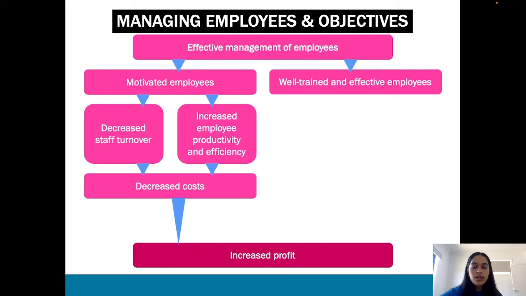All right. On the other hand, if employees are effectively managed, that means they're well trained and they're going to be a lot more effective in doing their job. If they know the ins and outs of their jobs, their roles, their duties, they're going to be a lot more productive and efficient.